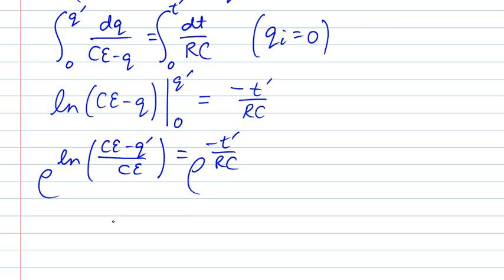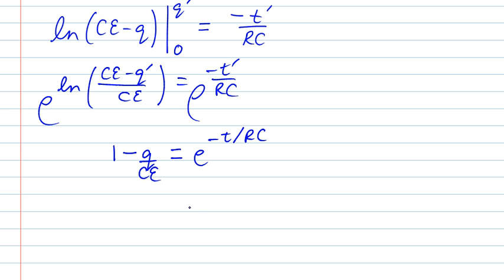And essentially I'm going to get 1 minus Q over CE is equal to e to the minus T over RC.